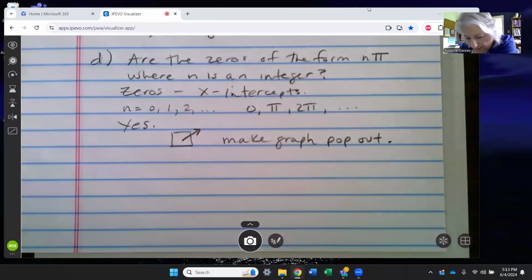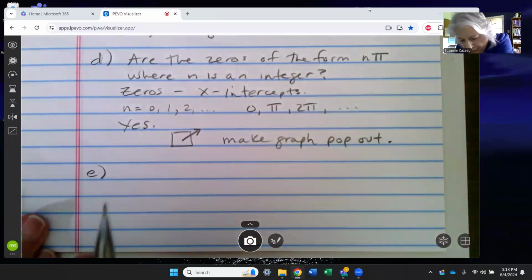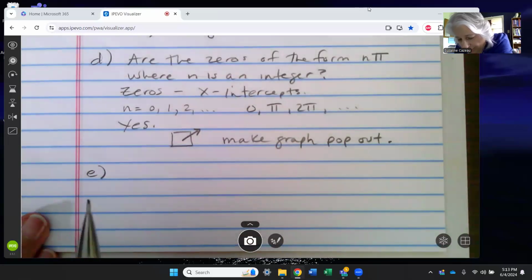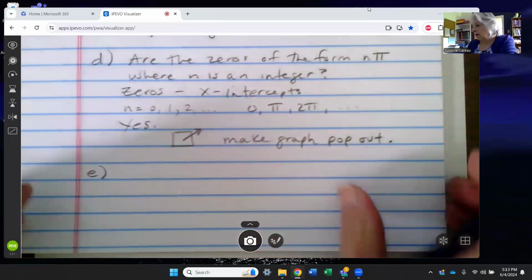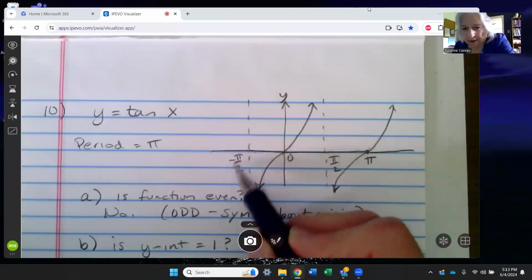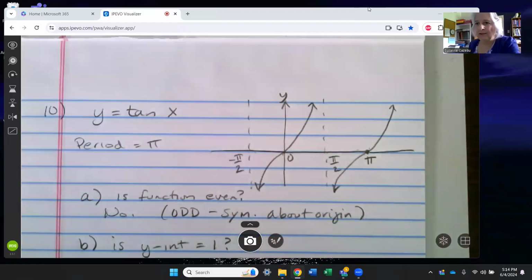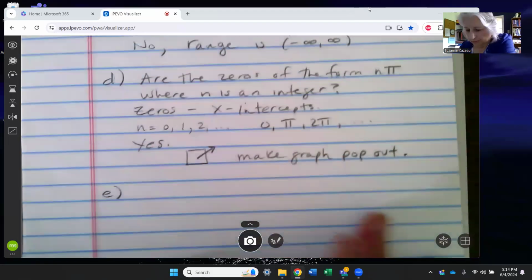Okay. Let's see, part E, what does E say? E says, is the interval for the graph of the principal cycle 0 to pi? And the answer is no. The principal cycle is this one right here, negative pi over 2 to pi over 2. That's your principal cycle. I suppose I'll write that.